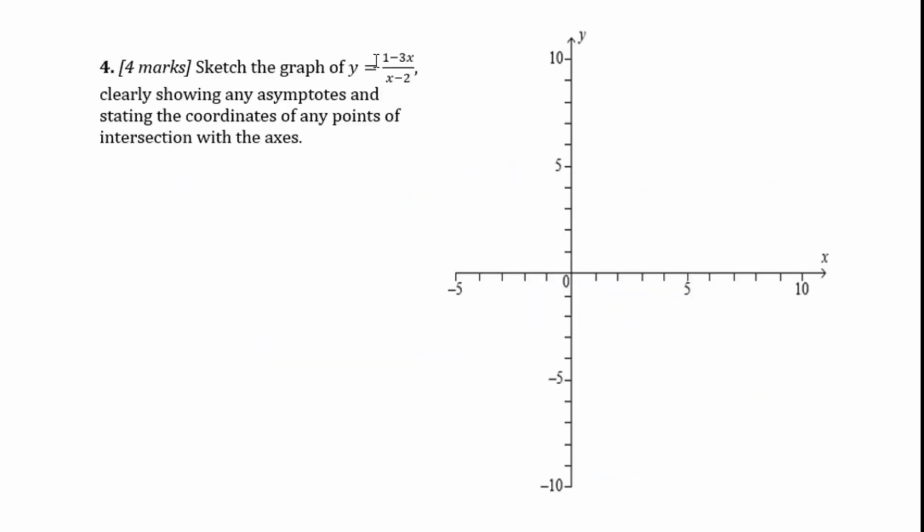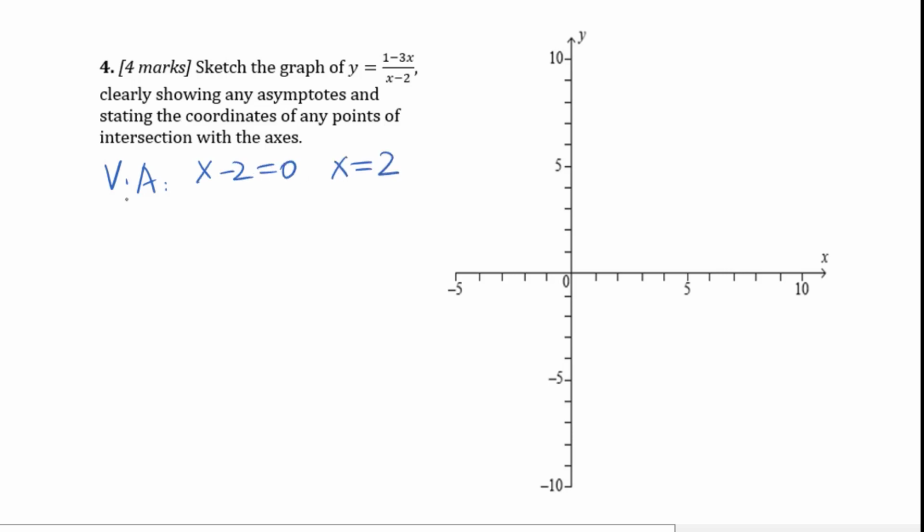Let's go to number 4. Sketch the graph of y equals 1 minus 3x over x minus 2, clearly showing any asymptotes and stating the coordinates of any point of intersection with the axis. For the vertical asymptote line, we will make the denominator equal 0, so we get x equals 2.